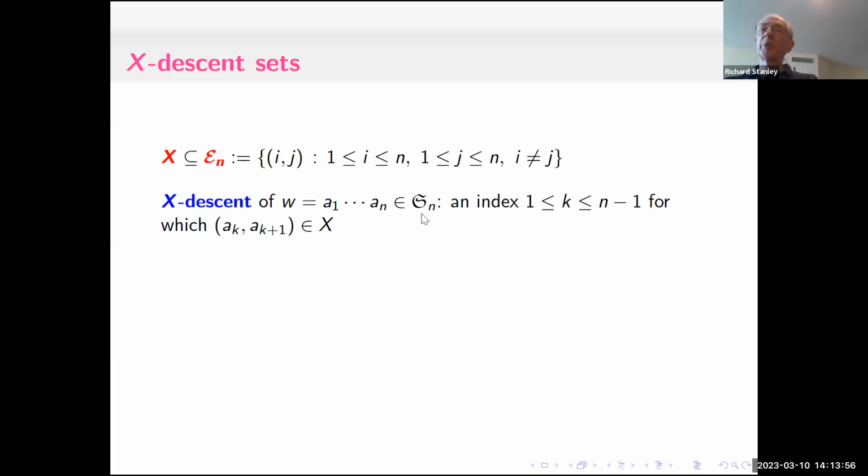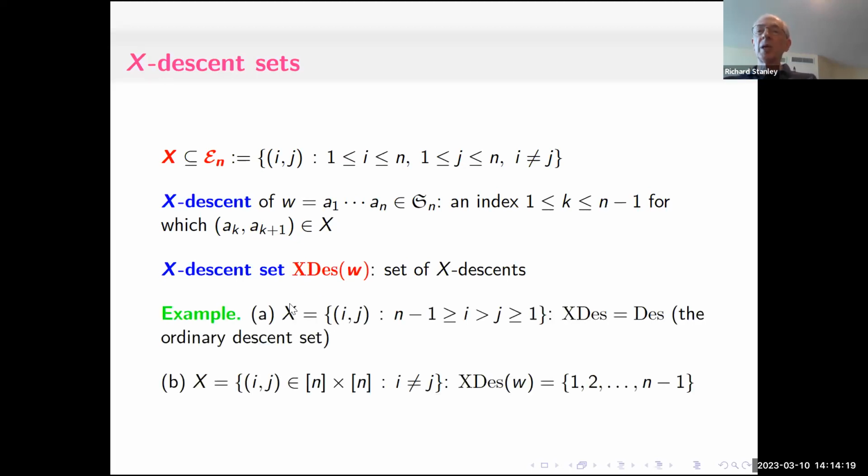An X-descent of our permutation w is any index k for which the two consecutive terms (a_k, a_{k+1}) are in X. And of course, the X-descent set, XDes(w), will just be the set of X-descents.